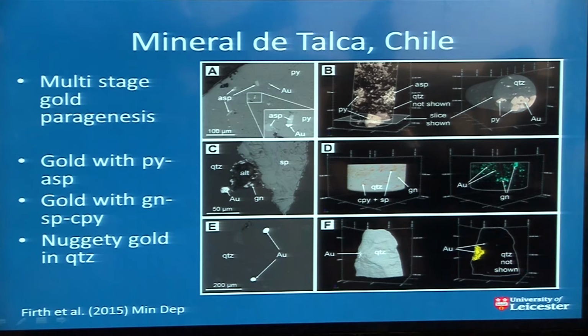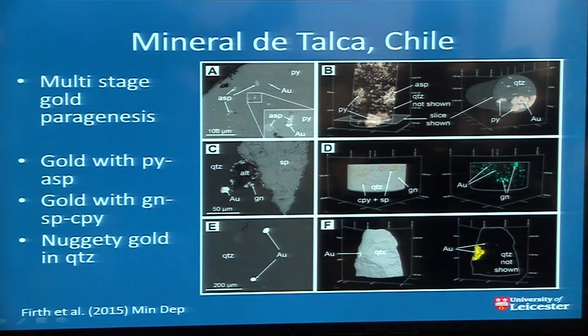This is an example of a relatively rare orogenic gold deposit on the coast in Chile, a couple of hundred kilometers north of Santiago. We published this in a paper which is, I think, in the current issue of Mineralium Deposita, if you want to have a look at that. And we used the CT scanning as part of a wide-ranging approach to look at a multi-stage gold paragenesis.